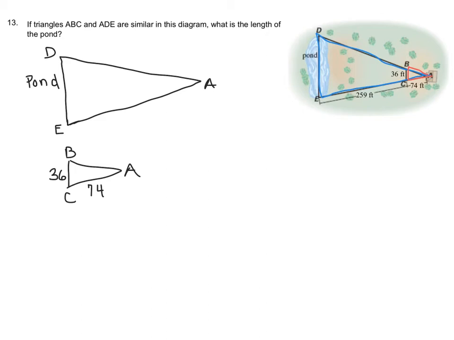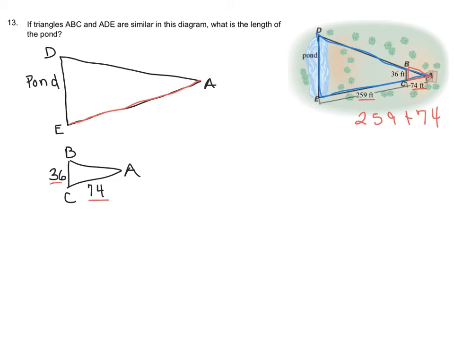Now I labeled the smaller triangle because we can see that AC has a length of 74 and then BC has a length of 36. If we look at the larger triangle, we can find out the length of AE. To do that, all we have to do is add 259 to 74.